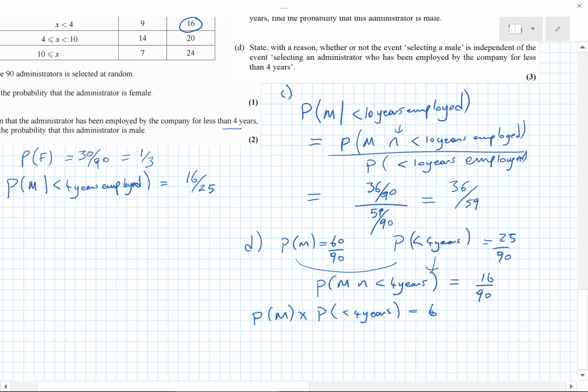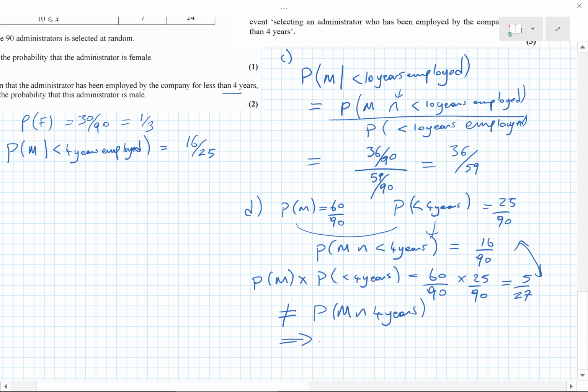That's 60 over 90 times 25 over 90, which equals 5 over 27. Now these two figures are not equal, 5 over 27 is not equal to P(M intersect less than 4 years). And so because they're not equal, that means they're not independent.